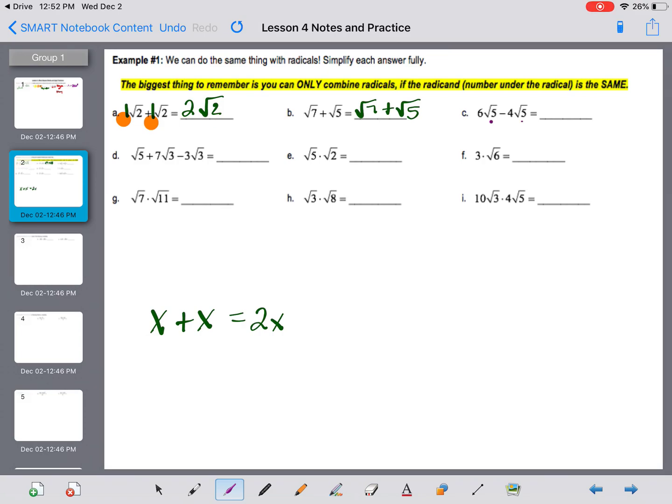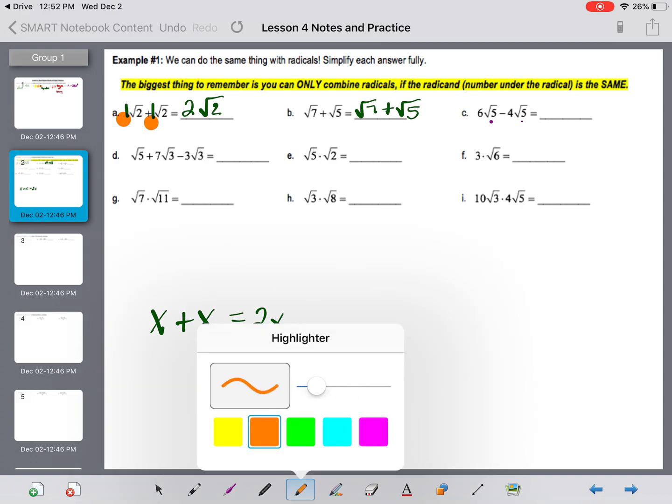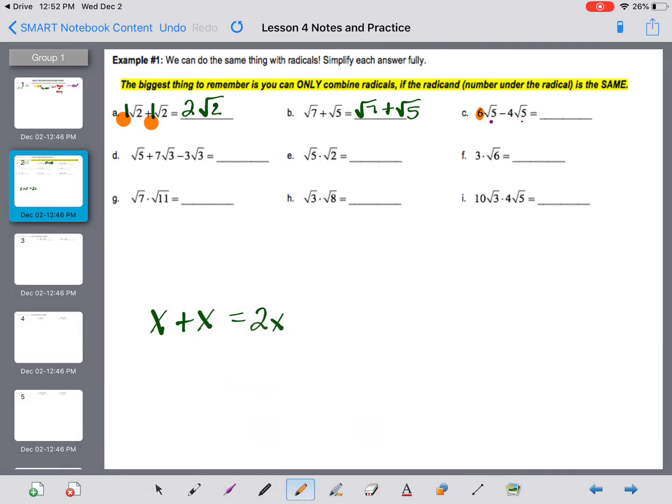They both have a radical 5. So we are going to combine the coefficients. We're going to do 6 minus 4, which is 2, and then tack on the radical. Just as if it was 6x minus 4x, that would equal 2x. 6 radical 5 minus 4 radical 5 is 2 radical 5. You treat the radical like a variable.